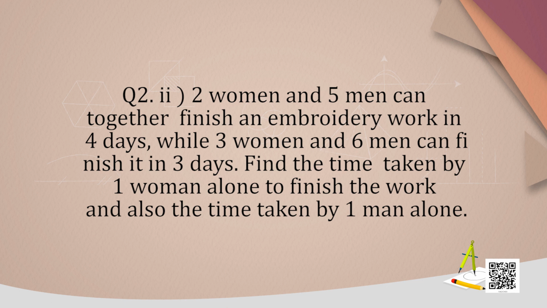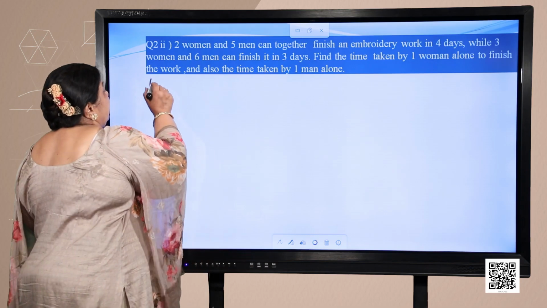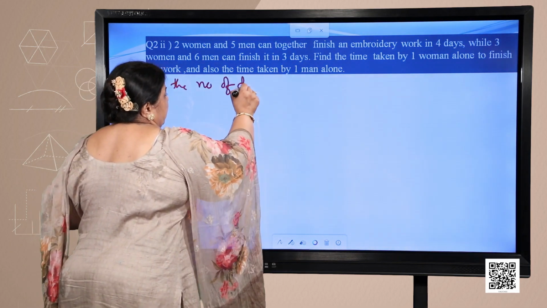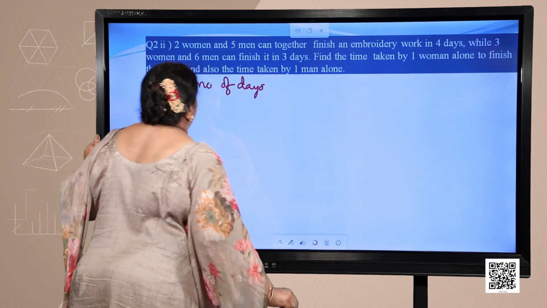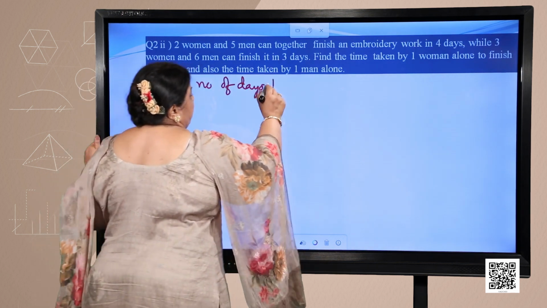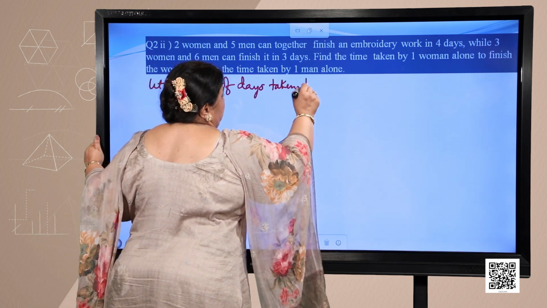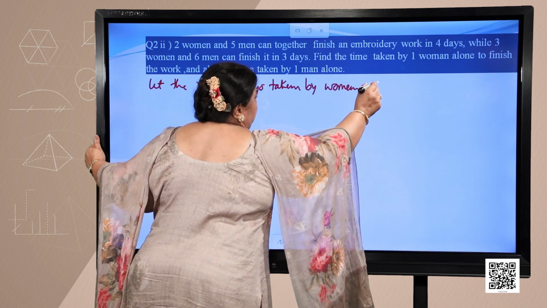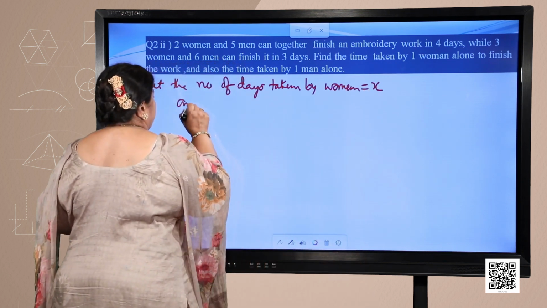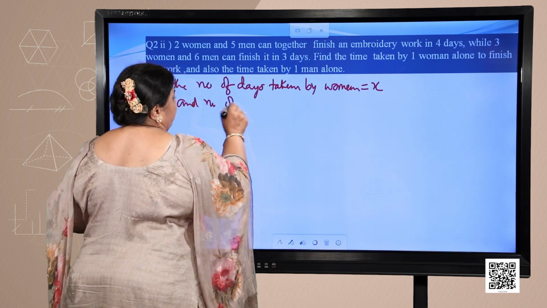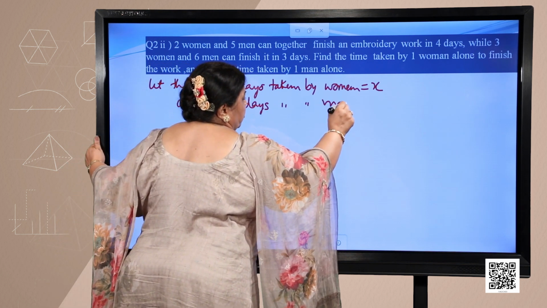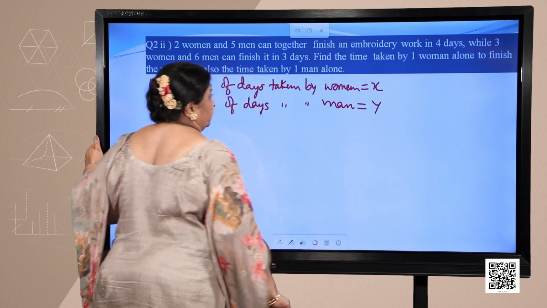In this case, let us take the number of days taken by a woman alone to be x and number of days taken by a man alone to be y.